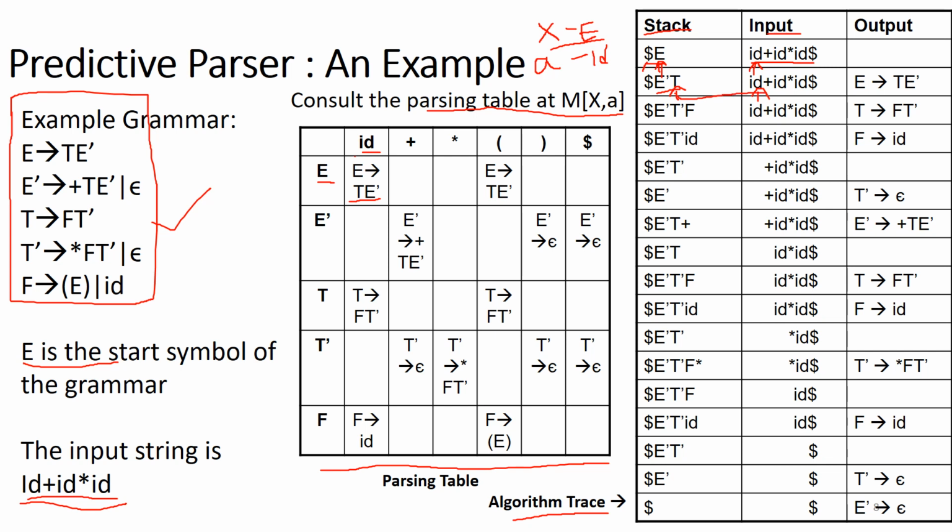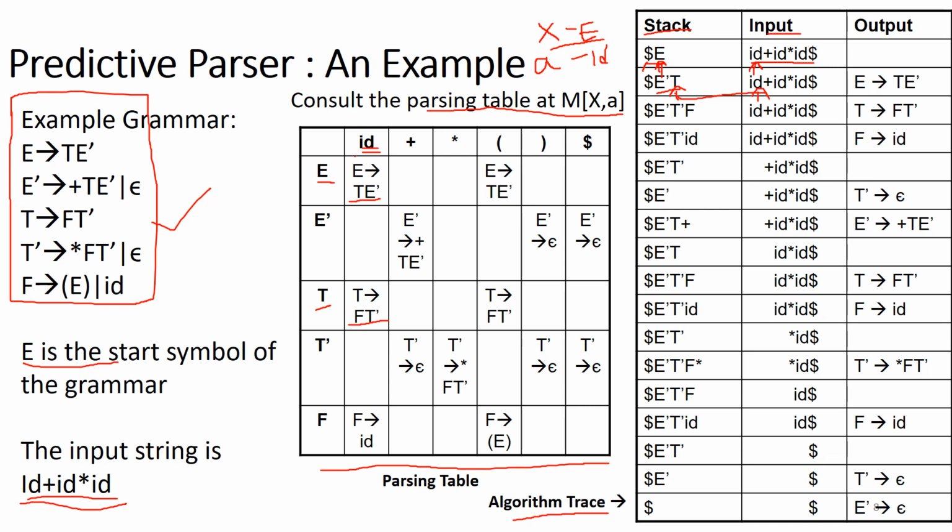Now the parsing table is again consulted at the location T, the top of the stack, and id, the current input symbol under consideration. Here we have one more production, T to FT dash, where T is the left hand side of the production and the current top of the stack, and FT dash is the right hand side of the production.